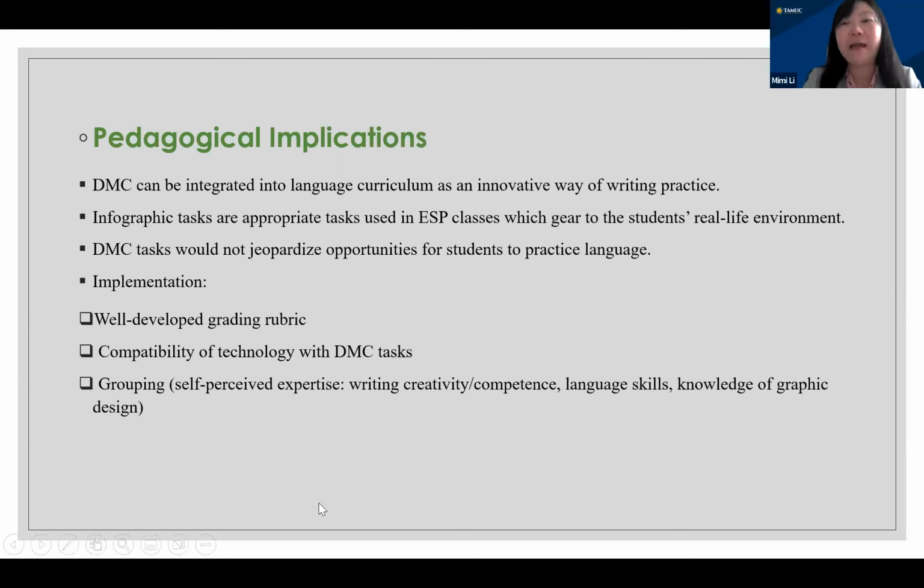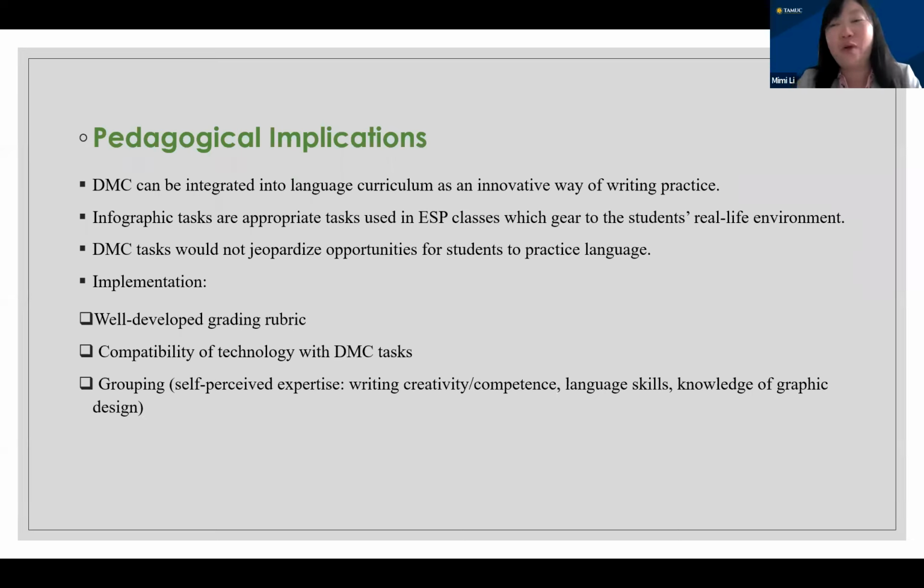Now, if you want to do DMC in the future, please bear in mind you should have well-developed grading rubrics first, and then make sure the technology is compatible with the DMC tasks. And if you want to do collaborative DMC, you want to consider grouping factors. That is to say, you can have the students report their self-perceived expertise.